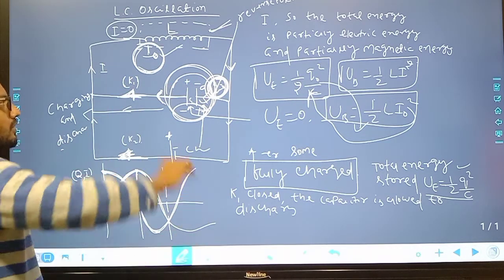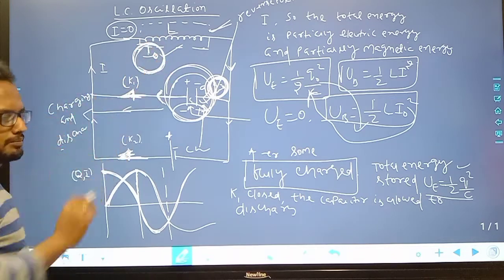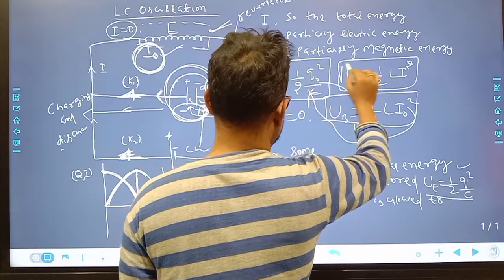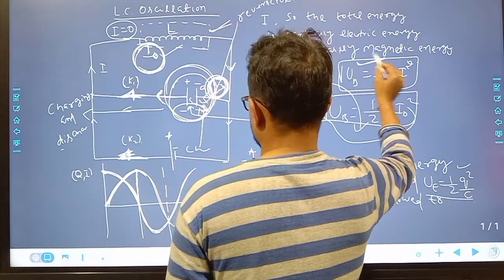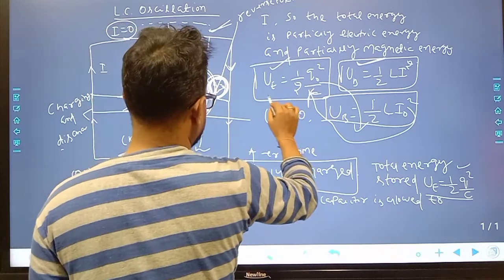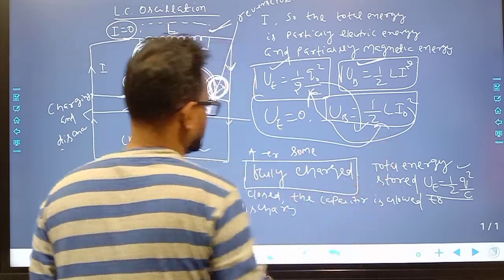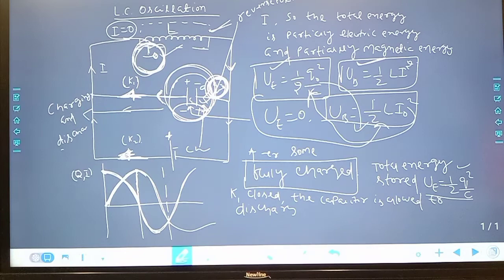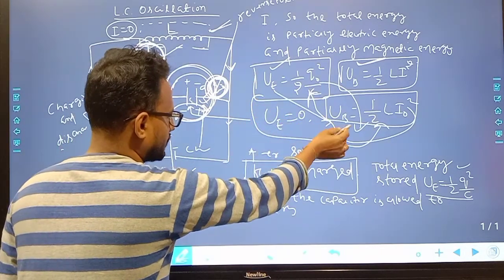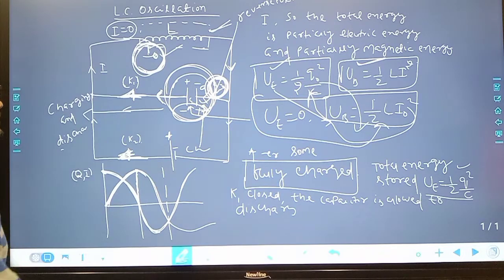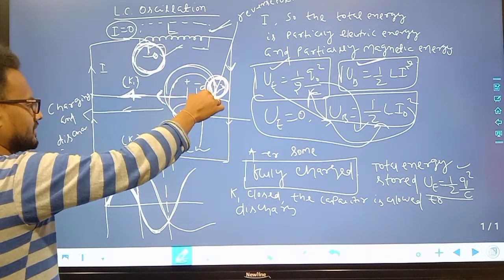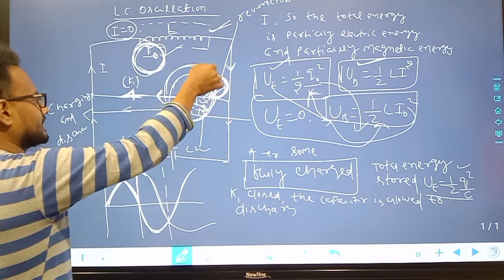The current will reach its maximum value, but after some time the electrical energy is partially converted into magnetic energy in the inductor. At maximum current, the total electrical energy is converted into total magnetic energy by the inductor. When the current flows through the circuit, the capacitor is now in the charging condition.